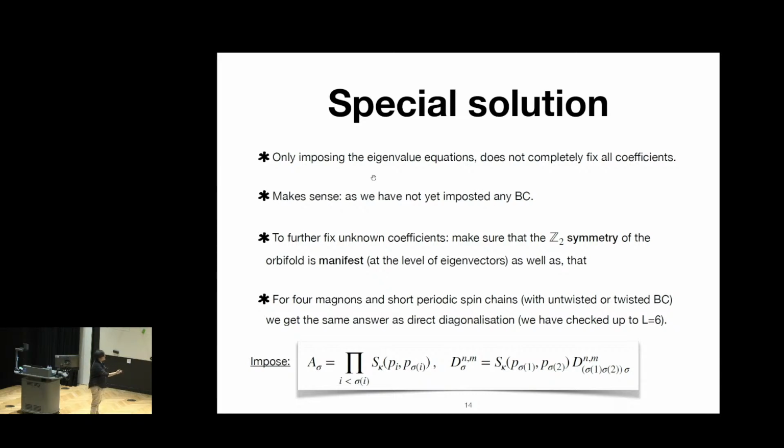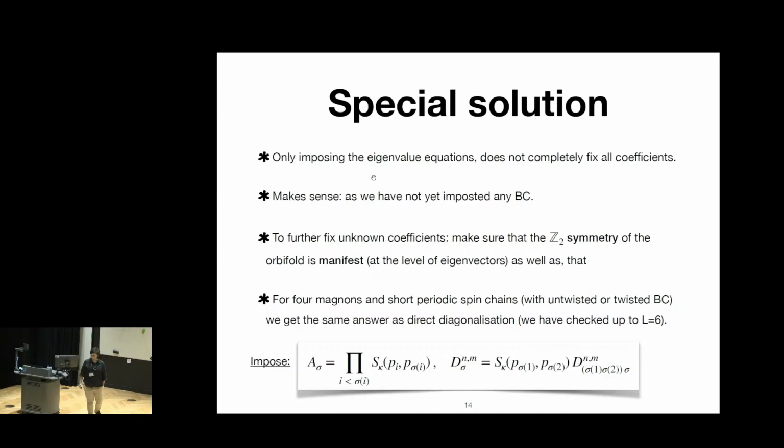We will remember that there is this very important Z2 symmetry of the quiver, and we will try to have further conditions on the ansatz such that this Z2 symmetry is always manifest, first of all at the level of the infinite chain, but also, and this is a little bit a posteriori, I have to say, when you take it and you close it and you impose periodic boundary conditions, twisted or untwisted, we want whatever we get to match with what we get with direct diagonalization, yes? And we discovered that this is a good thing to impose.